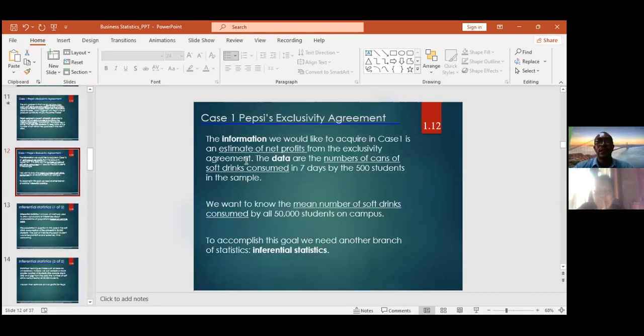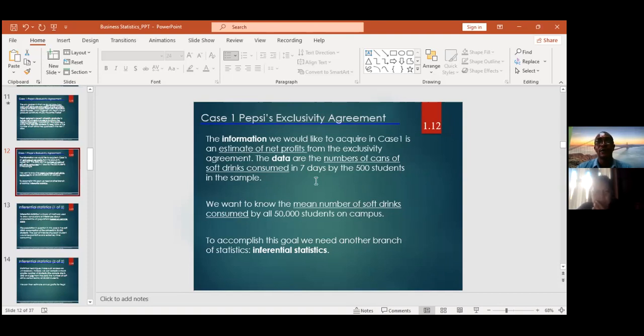The information we would like to acquire in case 1 is an estimate of the net profit from the exclusive agreement. The data are the numbers of cans of soft drinks consumed in 7 days by the 500 students in the sample. So we want to know the mean number of soft drinks consumed by all 50,000 students on campus.